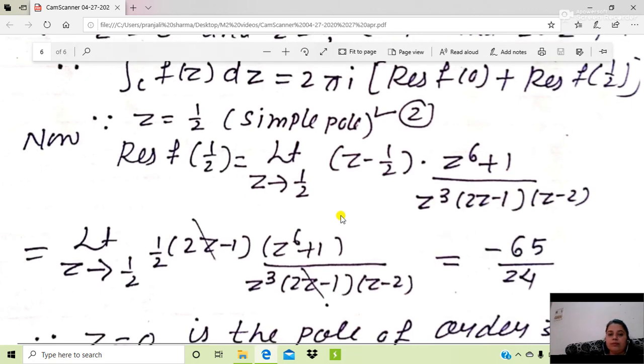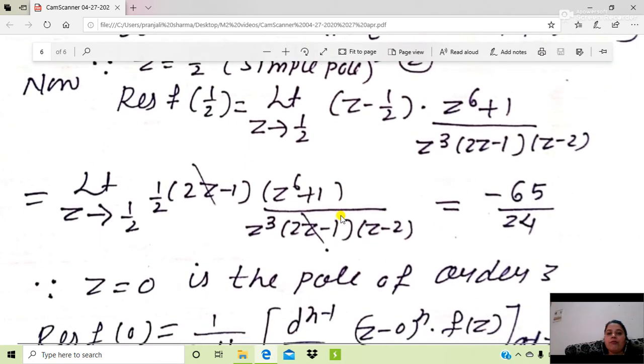So when we simplify it, it will be half (z to the power 6 plus 1) upon z cube into (z minus 2), and when we put the limit z tends to 1 by 2, its value will be simply minus 65.24.